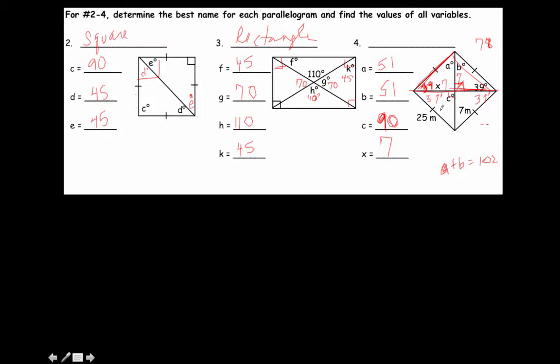So this one, having all the traits of a square except that we've got 78 degrees in these corners, rhombus rule is the best we can do.